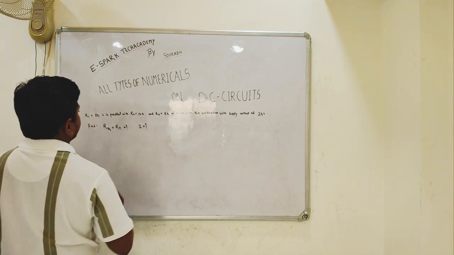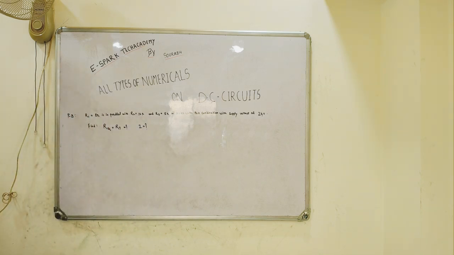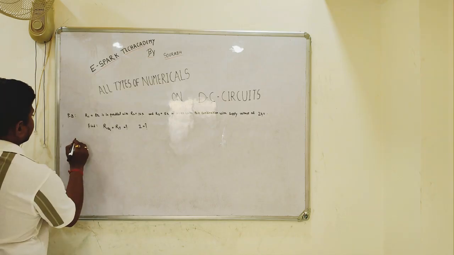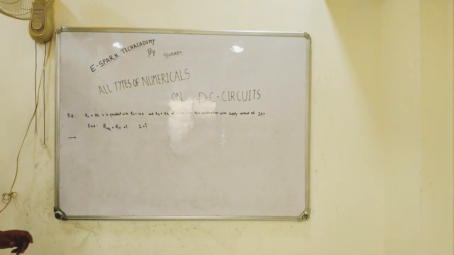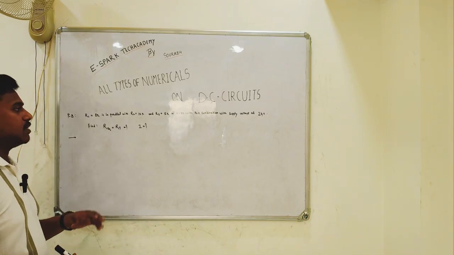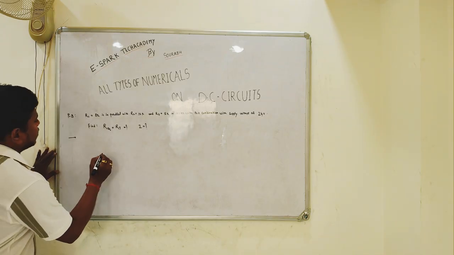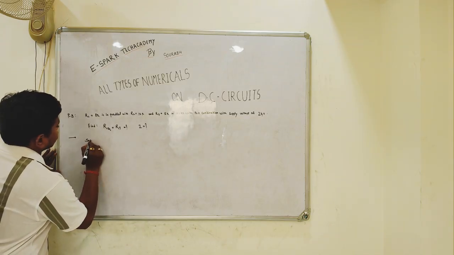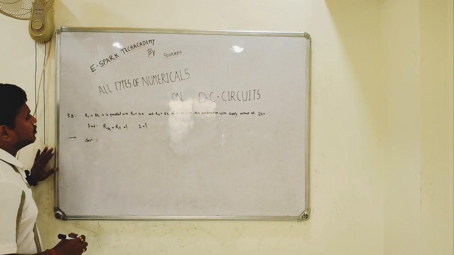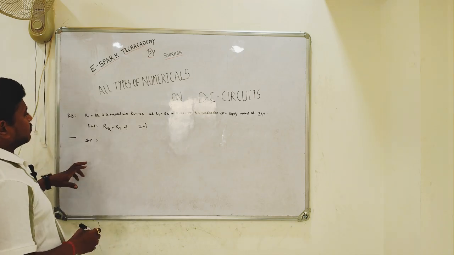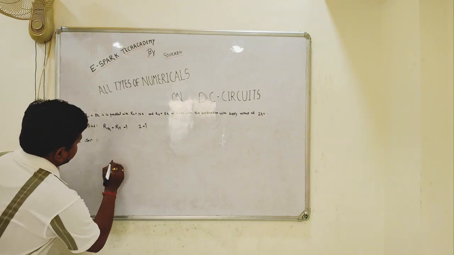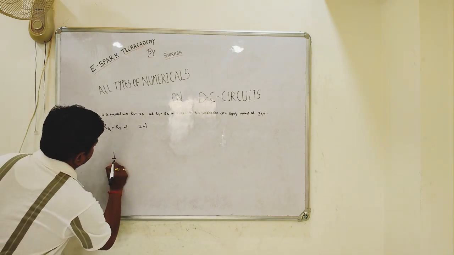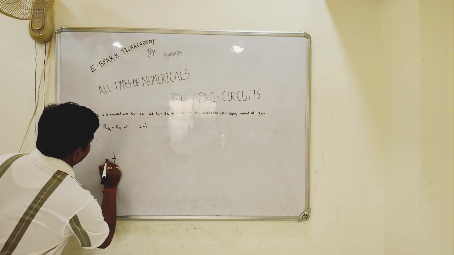Now I explained to you that while starting any kind of problem, you just have to create a circuit diagram for it. Now you will be creating a circuit diagram for this problem solution. Here, first go through the given data. What is supply voltage? It is 24 volts.